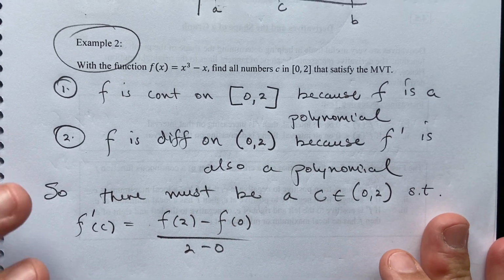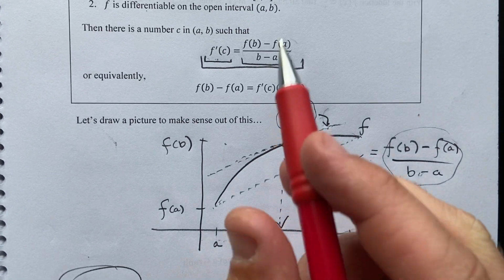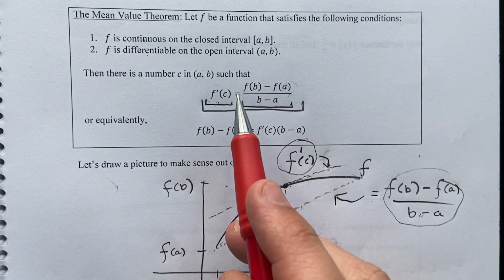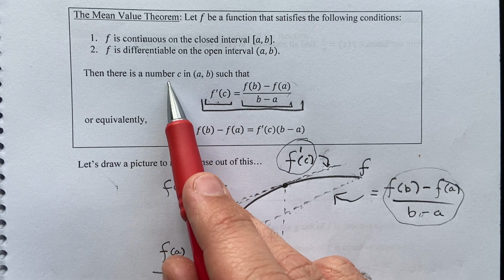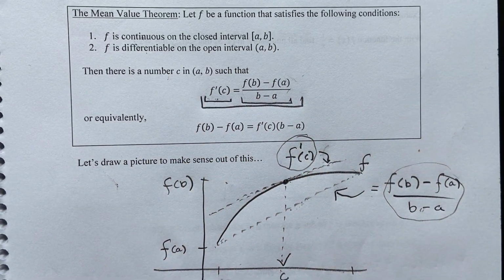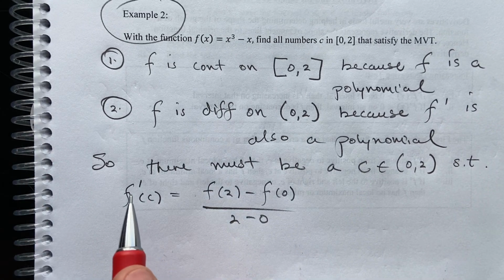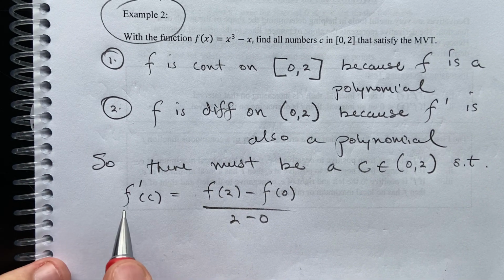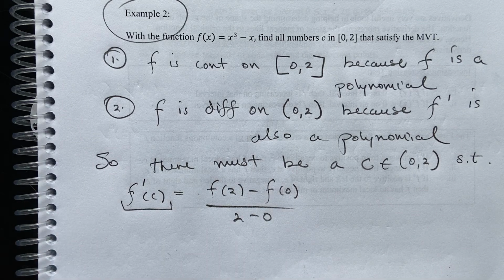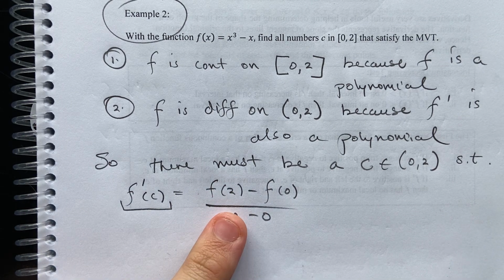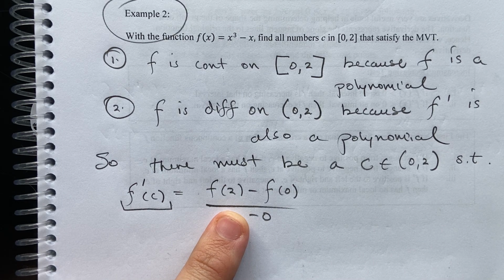Where the heck did that come from? That's exactly what is here. Right, so if these two requirements are met, then we can go to this conclusion and find that number c. So what I'll do on the left is I will take the derivative and then evaluate that derivative at c. And then over here I'll have some number, some average rate of change of the function.